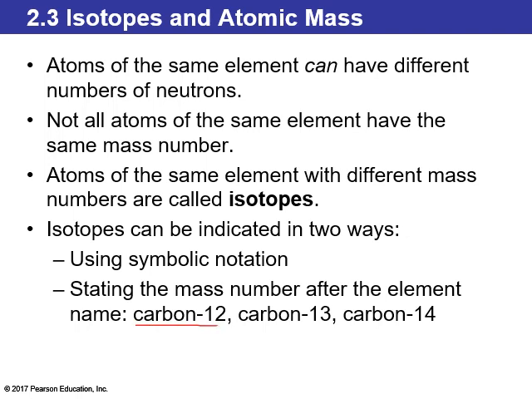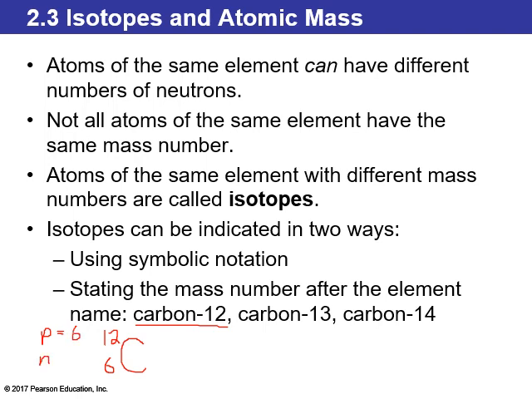So for example, we could have carbon 12. If I wanted to use the symbolic notation for carbon 12, I would draw my C. I would put down my atomic number, which is 6, and my mass number, which is 12. So just to practice this, how many protons and neutrons does that have? The number of protons is equal to 6 because it's carbon. The atomic number is 6. That's my number of protons.